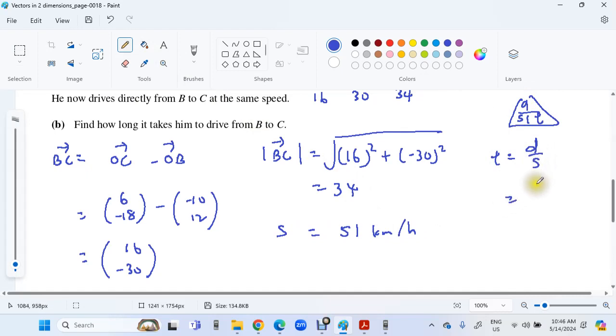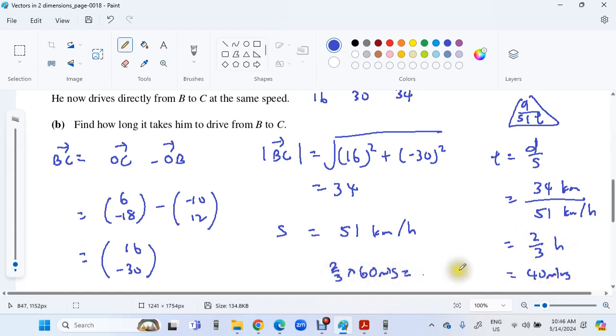The distance is 34 km and the speed is 51 km per hour. Then this is 2 over 3 hour. That is 40 minutes, because 2 over 3 times 60 minutes becomes 40 minutes. So this is 40 minutes.